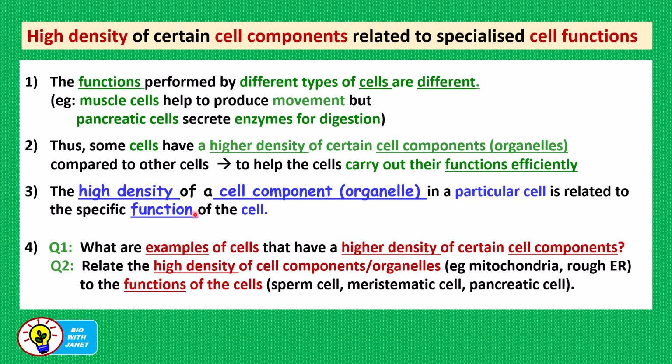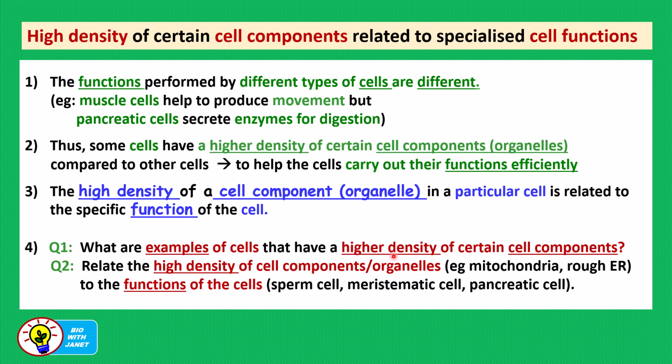So we must know the functions of different types of cells and the functions of the organelles also, and then correlate the two. Now, first question, what are types of cells that have a higher density of certain cell components or organelles, such as the mitochondria, chloroplasts, rough endoplasmic reticulum, smooth endoplasmic reticulum, and Golgi apparatus?